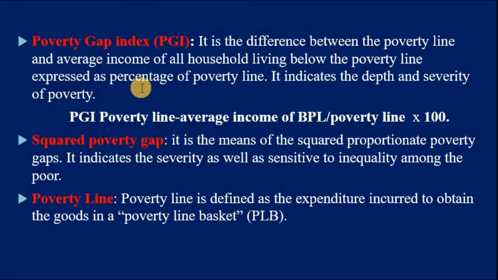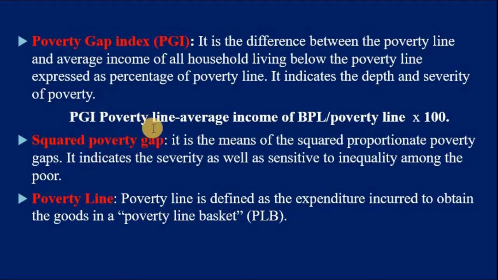What about the poverty gap? It is the average income of all the households living below the poverty line. It is expressed as a percentage of the poverty line. It simply explains the depth and the severity of the poverty, how much depth there is, and that one we try to understand.